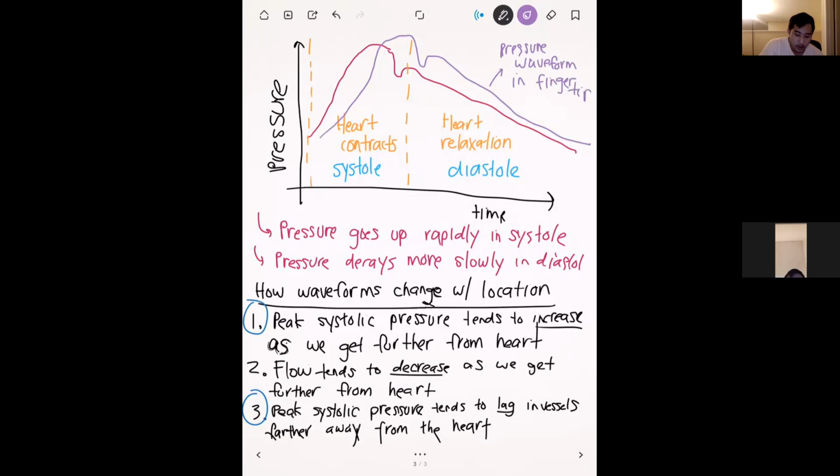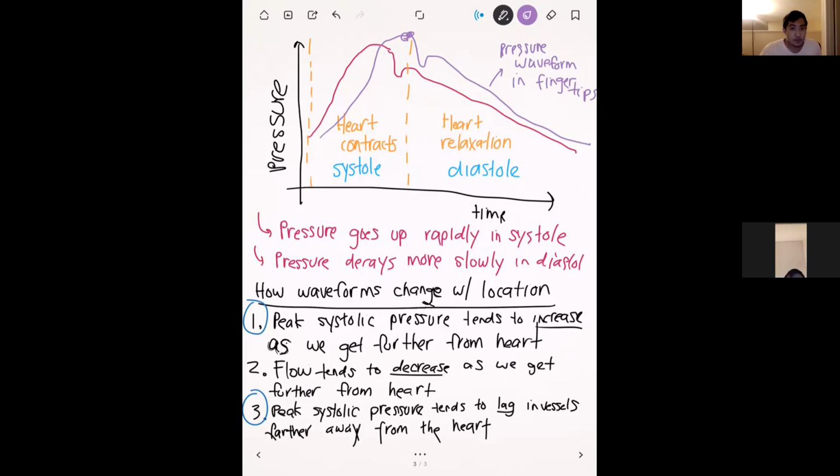Okay. And so you can see from this diagram here that in the fingertips, you would expect the peak systolic pressure to be higher, right? So our peak is at a higher location here, and it's also delayed, right? And so it's also shifted to the right a little bit, right? And so both of those occur due to pressure wave propagation, right? But we'll cover that in a lot more detail next week.